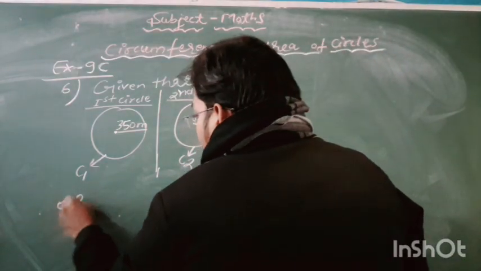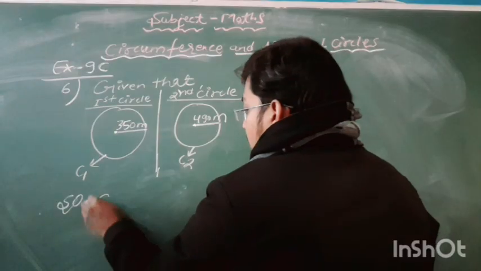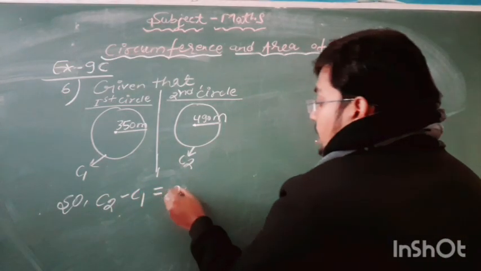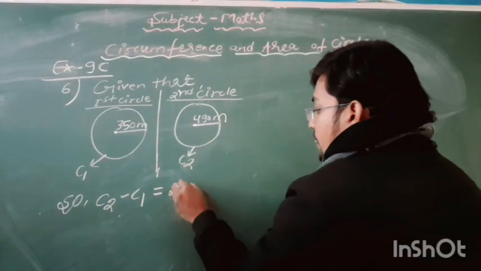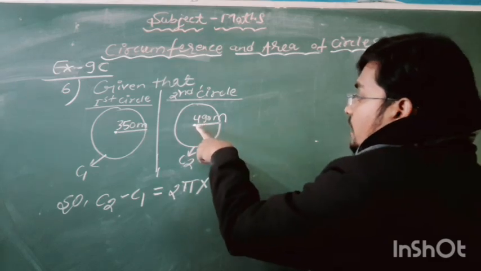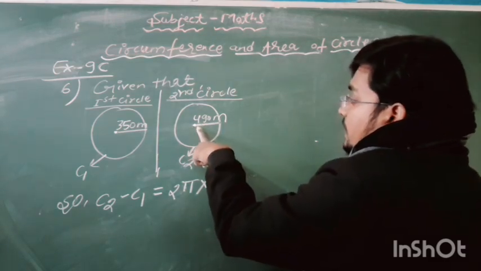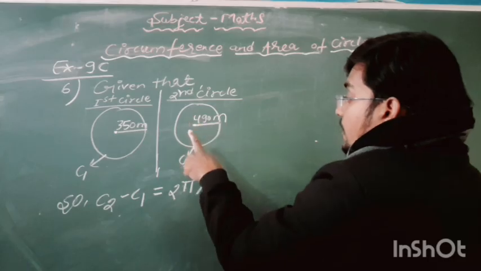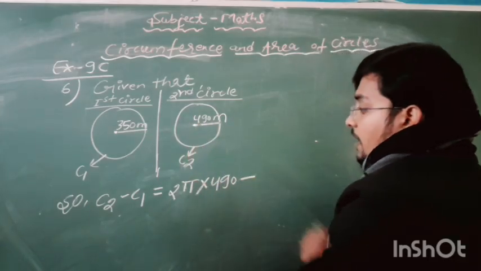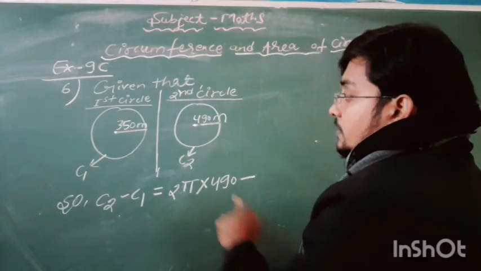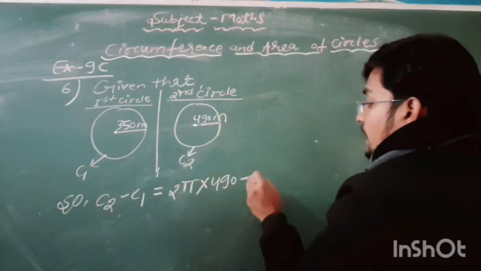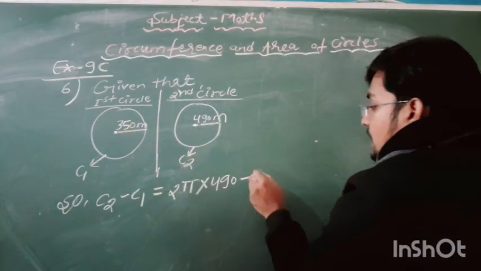So C2 minus C1 is equal to, C2 means 2 pi into the value of r, and the value of r, which is the radius of the circle C2, is 490, and for the first circle, its circumference is C1 and its radius is 350.